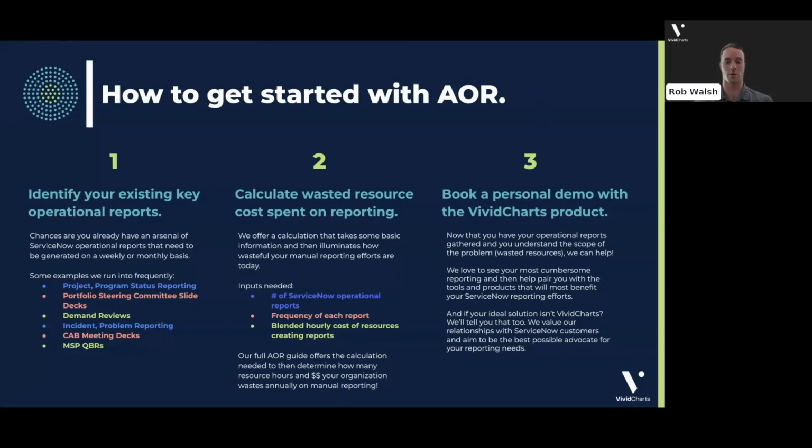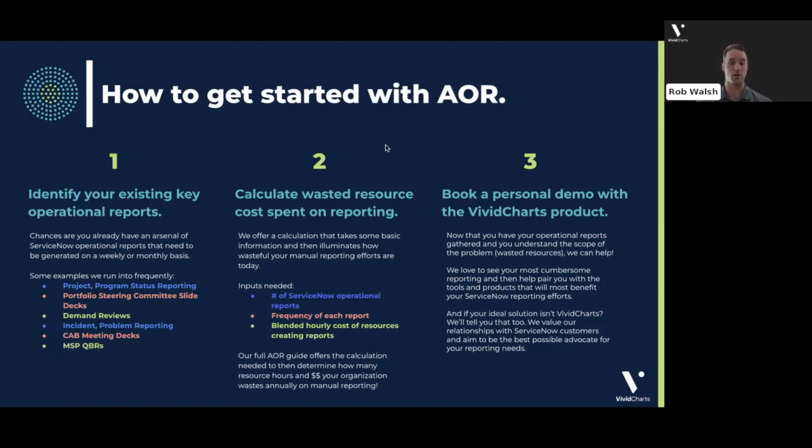For managed service providers, maybe you want to automate customer-facing monthly or quarterly report outs. If they're PowerPoint driven today, that gives us a really easy one for one to go off of to give you the easy button for it. So identifying those key operational reports is step one.